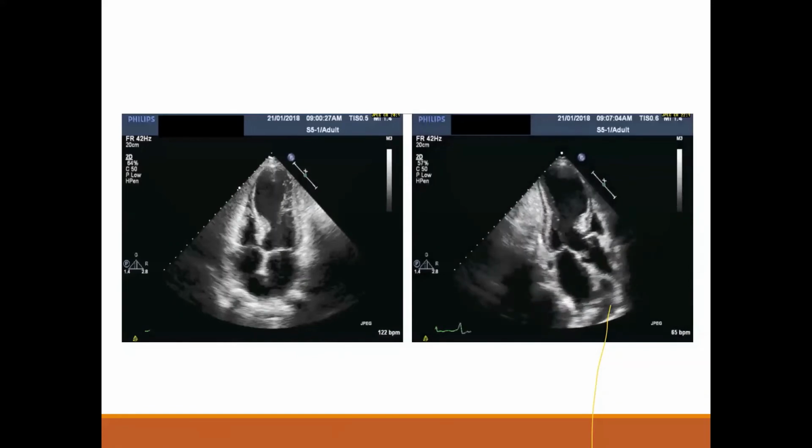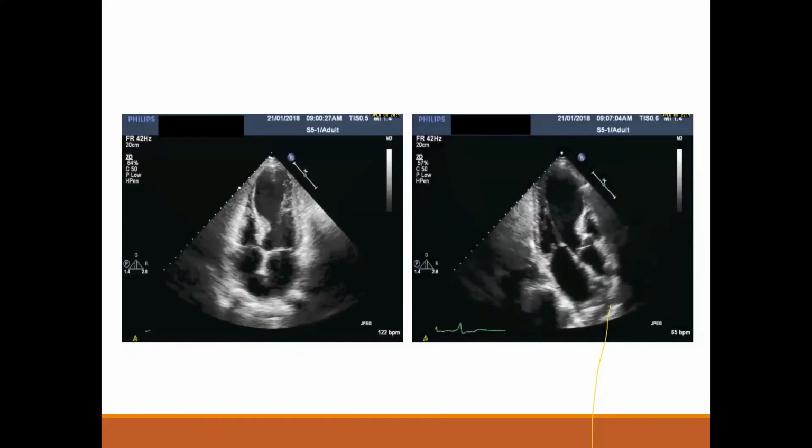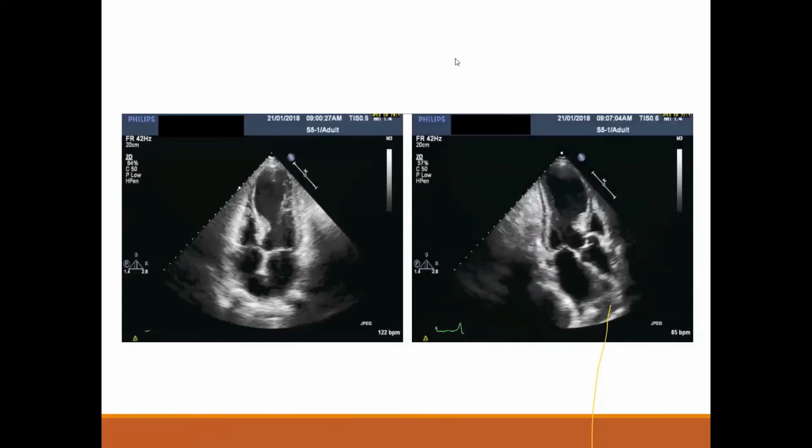Sorry for the bad network. CT angiography feasible. We can do CT angiography. Cardiac is right.